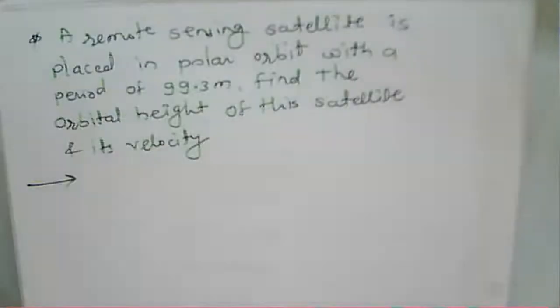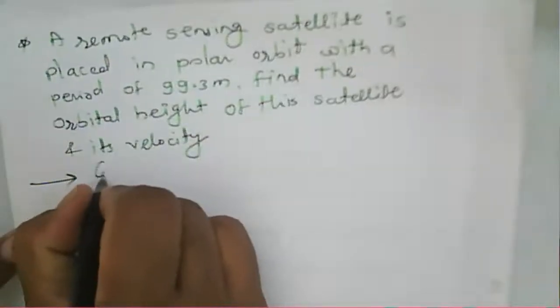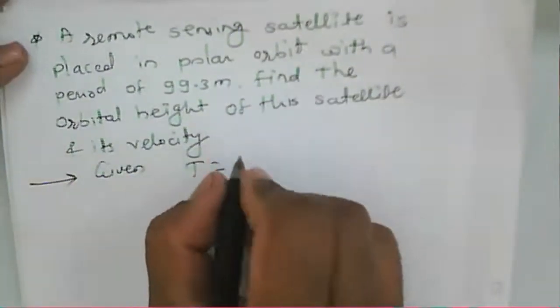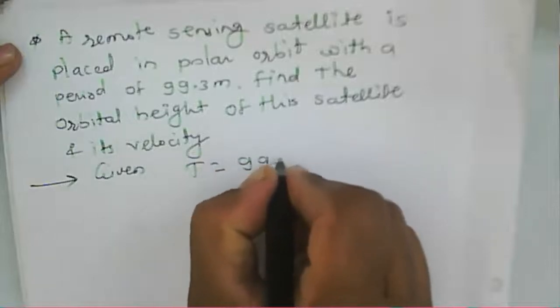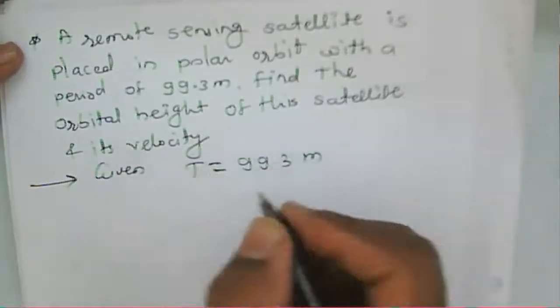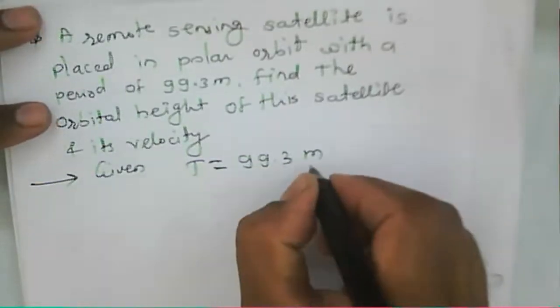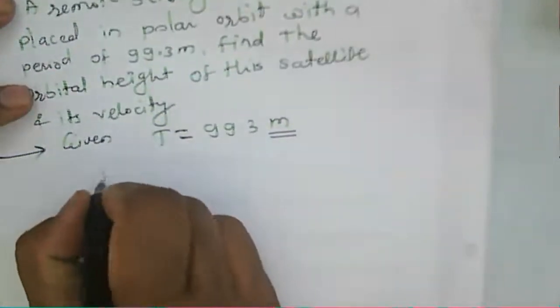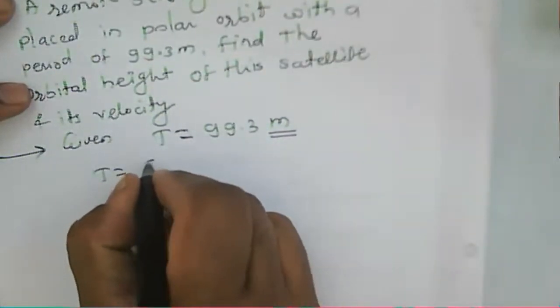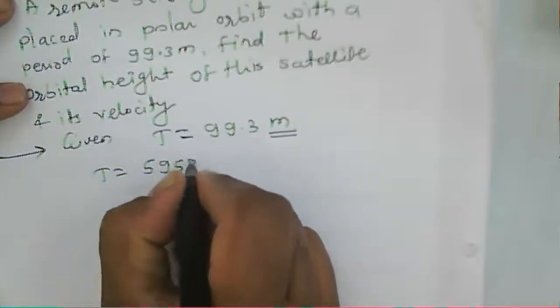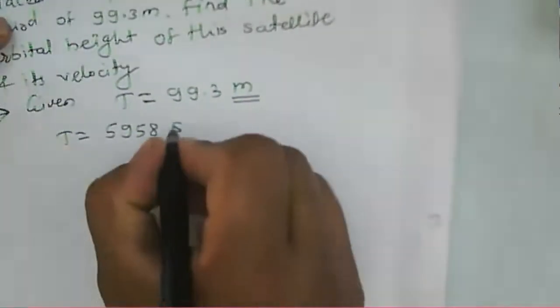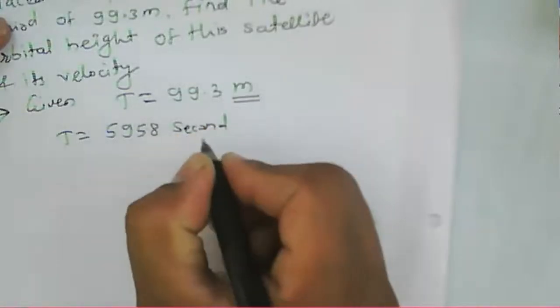Now that given data, if you see, only it is about T, and that T is equal to what? 99.3 minute. That m is nothing but a minute. Now we have to convert that minute into second, then we'll get 5958 seconds. Okay, that is about the answer in terms of second we get.